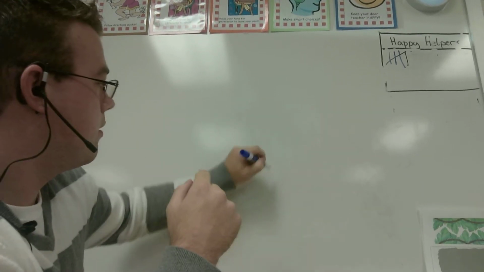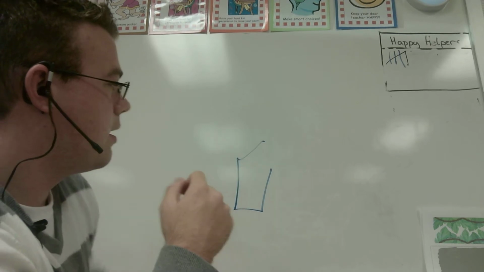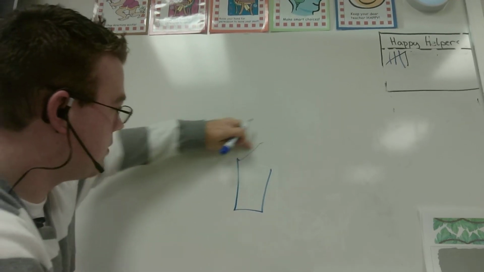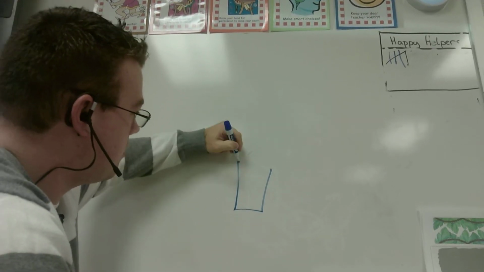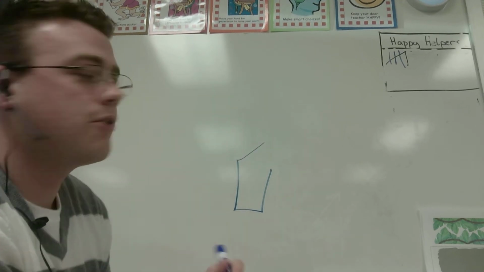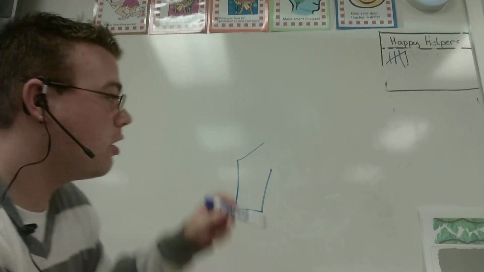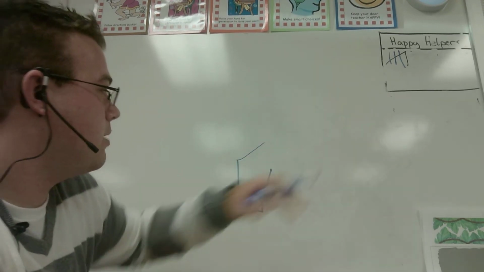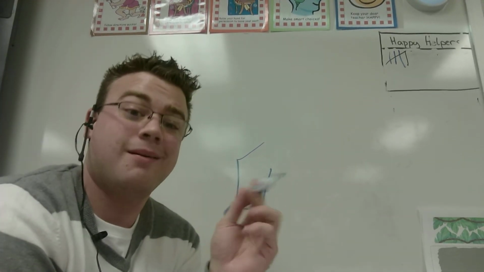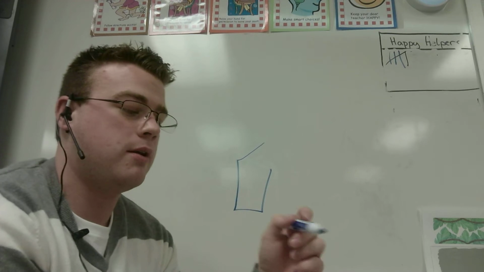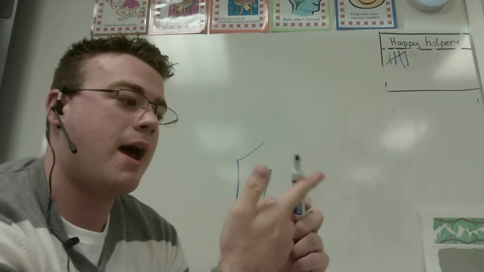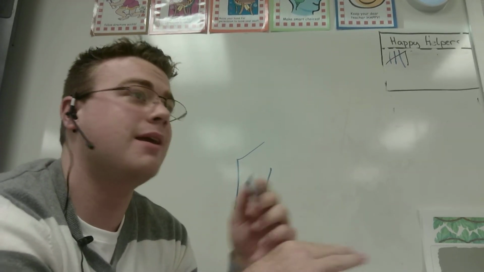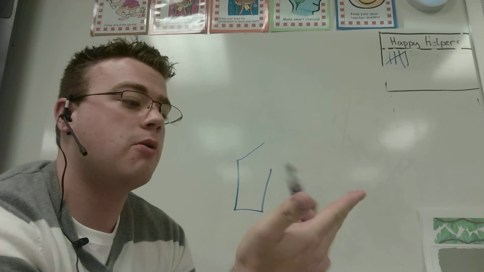This shape right here is not a polygon because if you look, I have an opening right here. If I were to color, some would leak out and it would not be good. So a polygon, I want to review, has to have straight lines. It cannot be curved. Also, a polygon has to be closed. It can't be open.